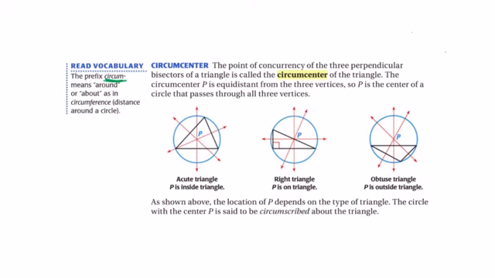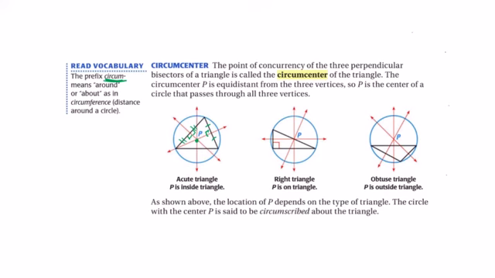So if it's acute and you were to draw it in there, I've got my perpendicular bisector of every single side. And for the record, if you're just trying to sketch it out and see, okay, is it supposed to be inside or outside, you're only going to need to draw in the perpendicular bisectors of 2 of the sides, because wherever those intersect, that's where the third one's going to intersect as well.